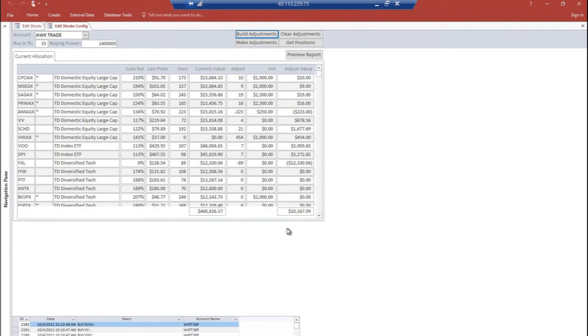To get 5% more in, I need to roll in another $10,000. Now, this may not be the 5% because maybe I took something out. Here we're selling off some FXL. So you're not always going to be investing the total 5% of the portfolio. I can preview this report.